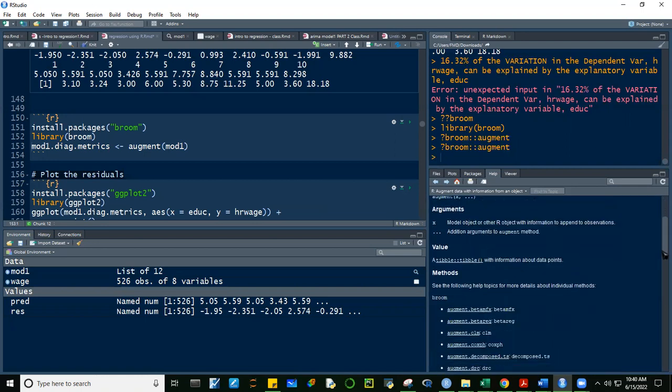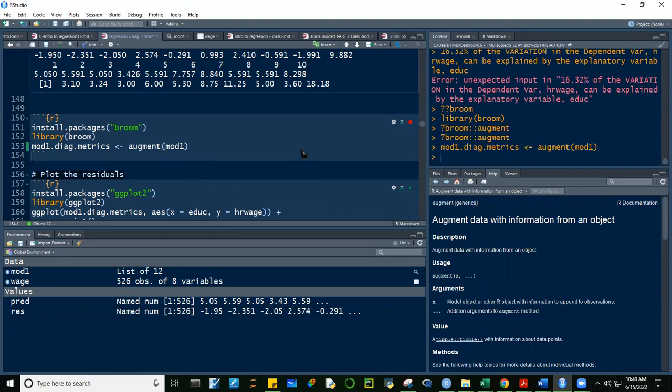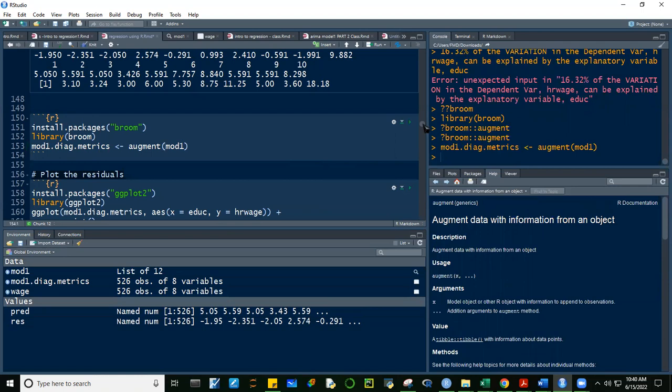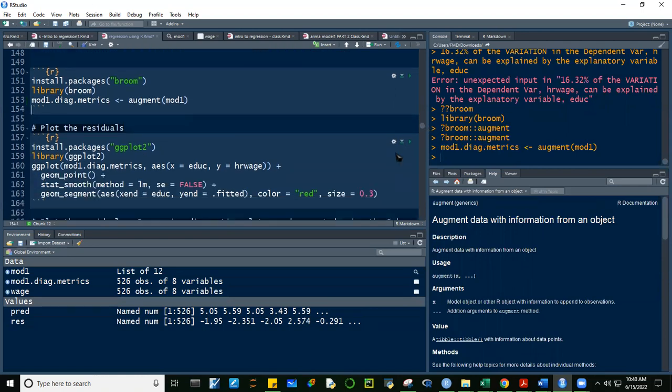Parang magulo tong help nila. Okay, anyway, wag na lang muna natin tingnan yung help na yan. Pero let's run this, yung model1.diag.metrics. And then let's see what the output is. Okay, run natin to.